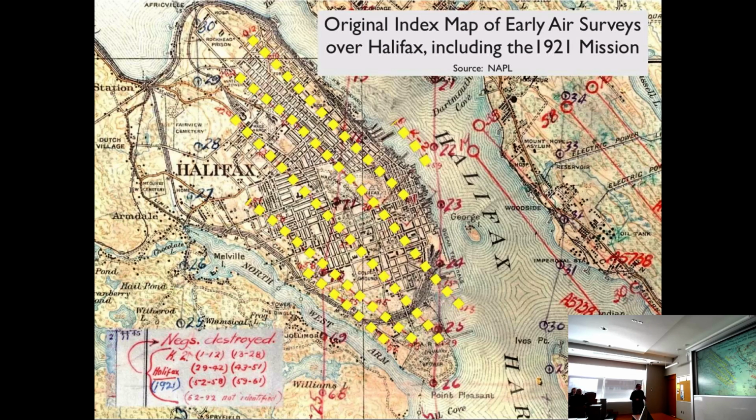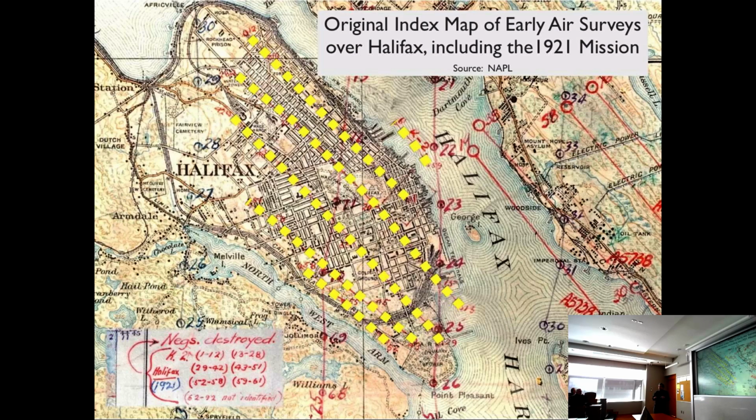The map also indicated that the negatives of the surveys were destroyed in 1934, I believe, and the prints are the only pieces that we have left of it. The prints were partially digitized by the National Air Photo Library.